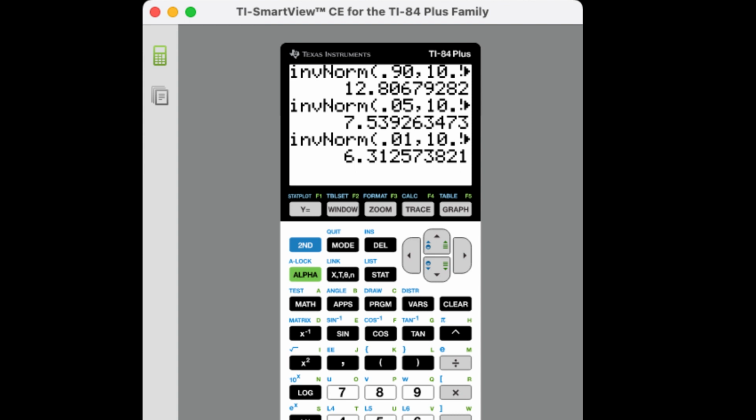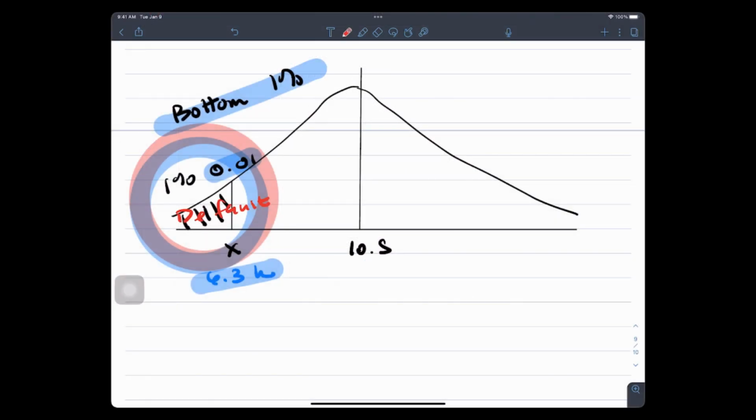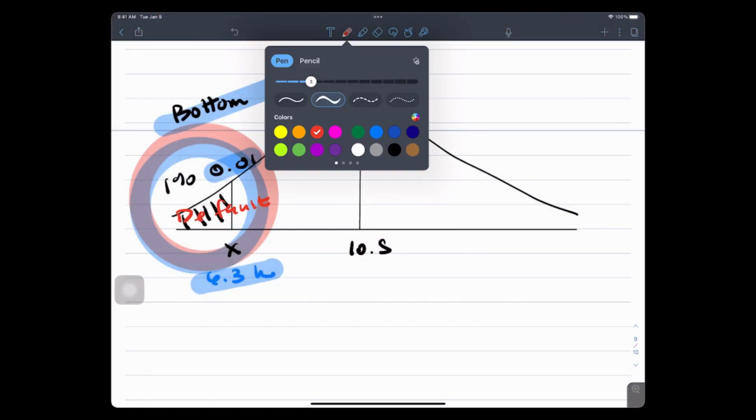Is that 6.3? All right, that's the same. 6.3 hours.